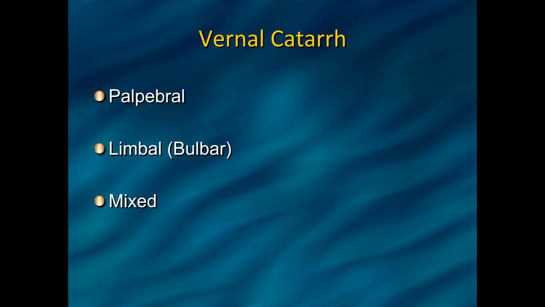The first is the palpebral, which means it is related to the lids. The second is the limbal or bulbar type, which is the disease that is related to the bulb or the globe itself. And there is the mixed type.